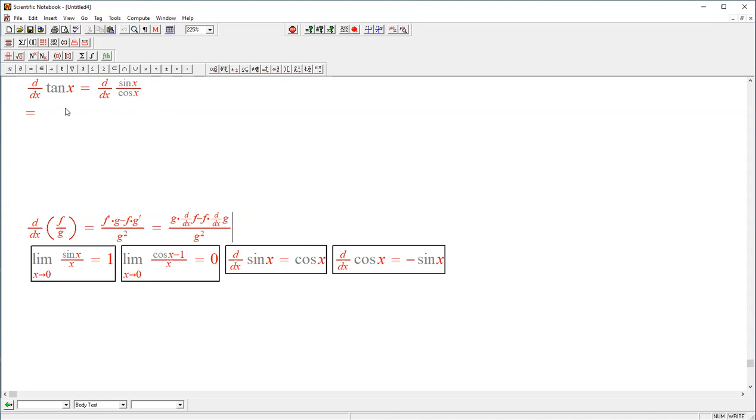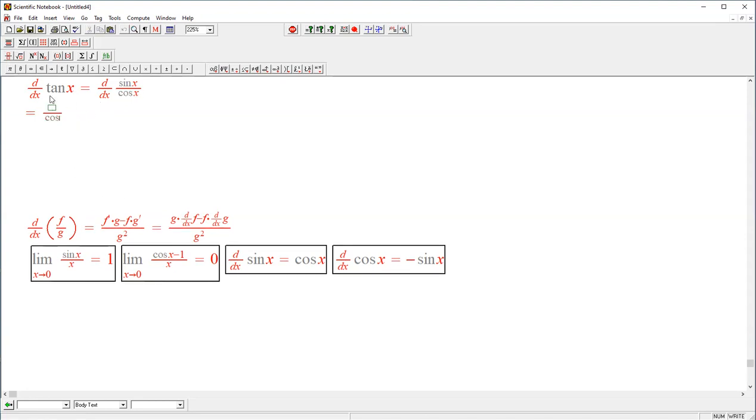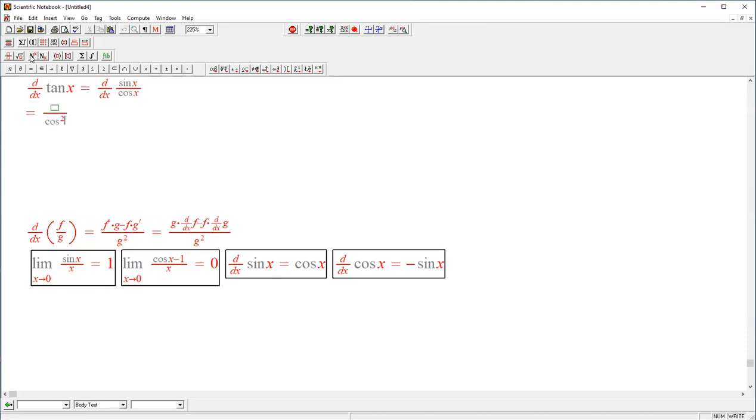So we apply the quotient rule. g squared is cosine squared of x in the denominator. On the numerator, g is cosine x, multiplied by the derivative of f.